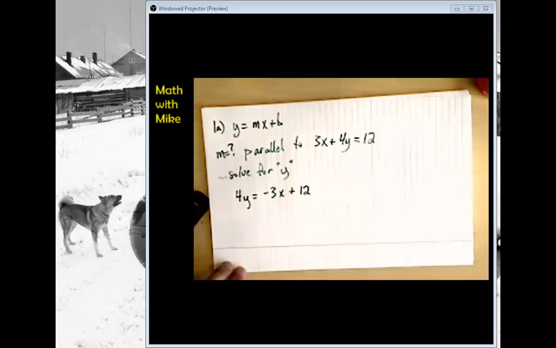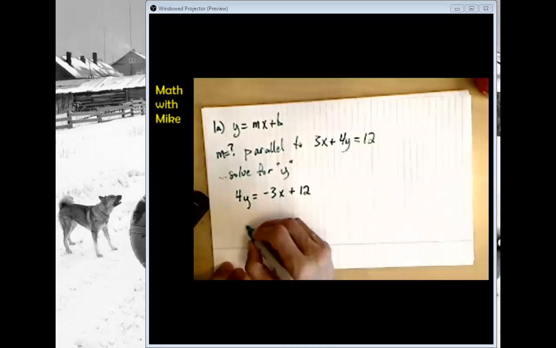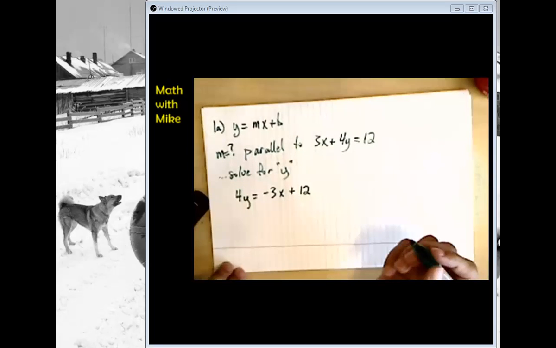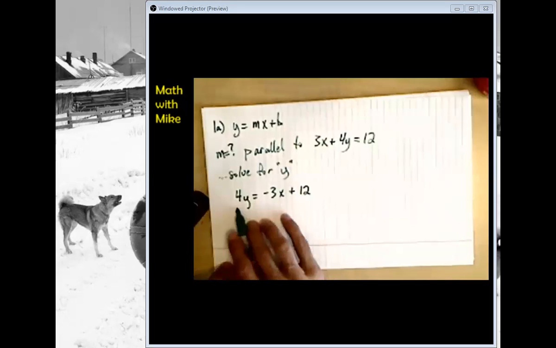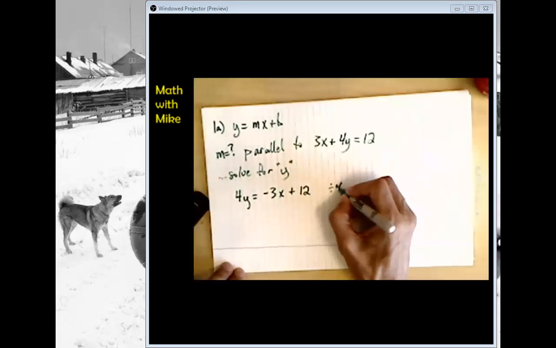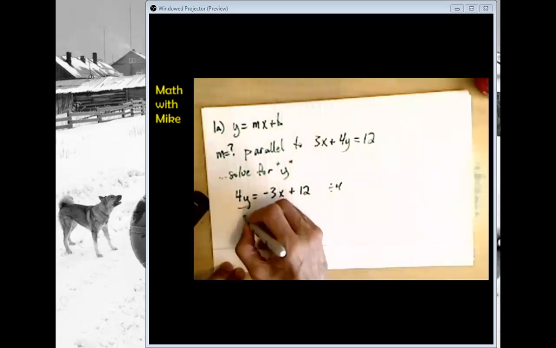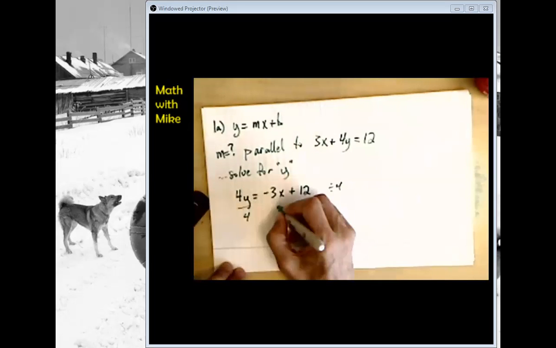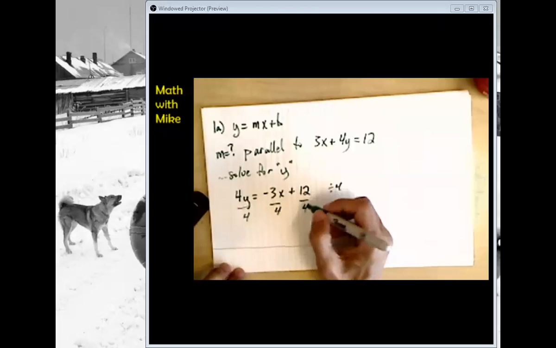What happens next? Whatever number is here, you divide by that number. So we're going to divide by 4 now, everything, each part, like that.